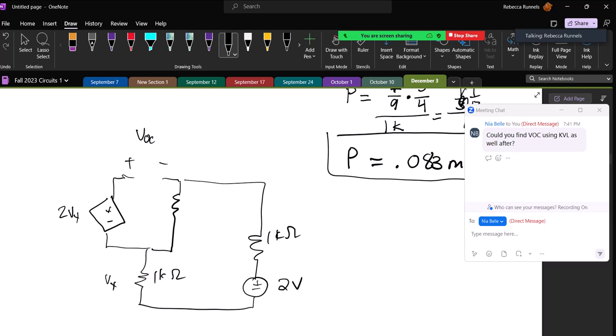So if I do a loop around here with KVL, that gets me minus 2Vx plus V open circuit. This was 1 kilo ohm.